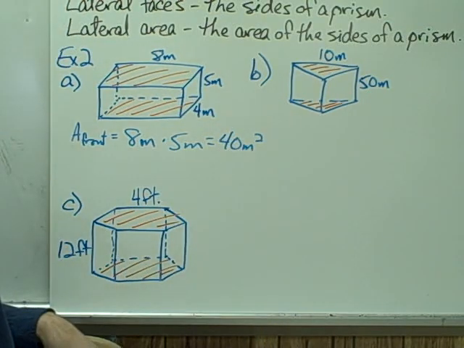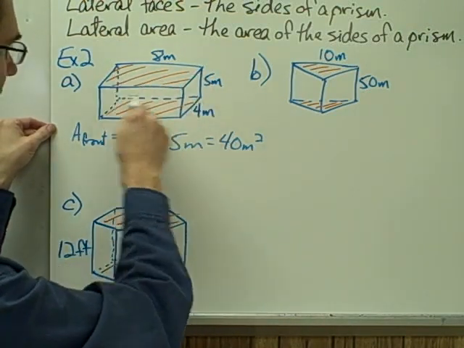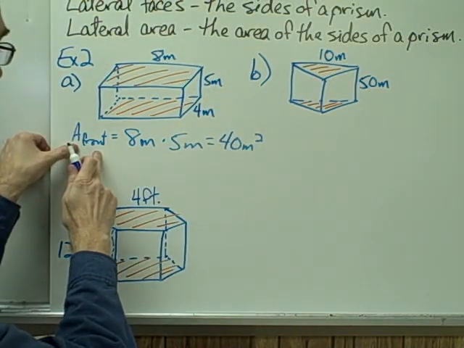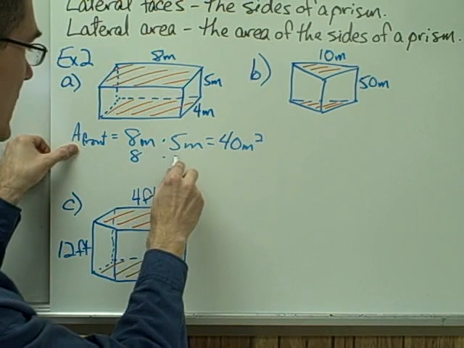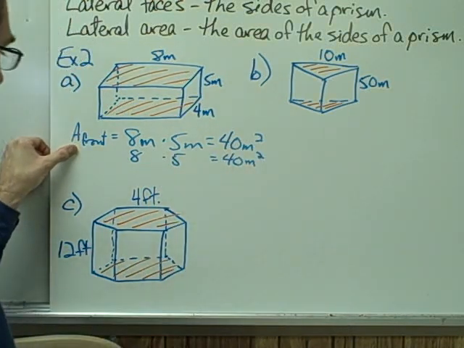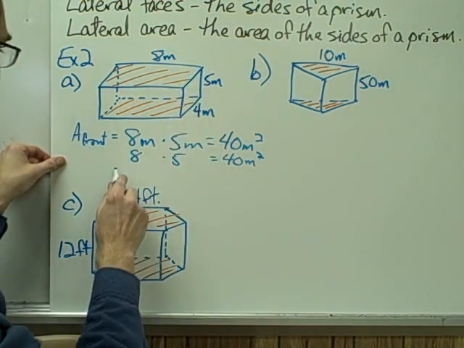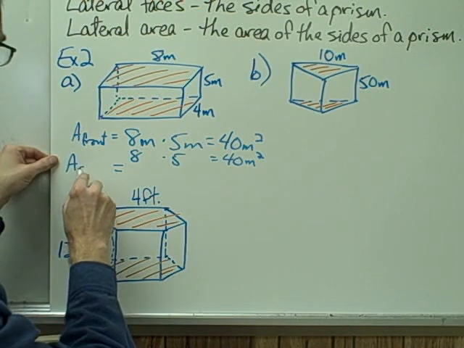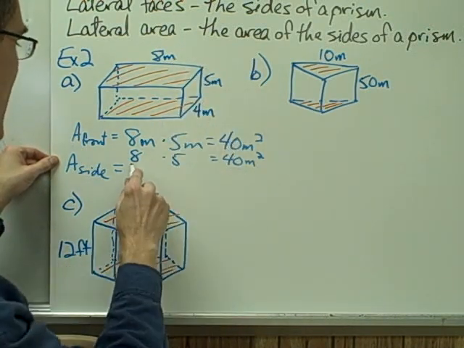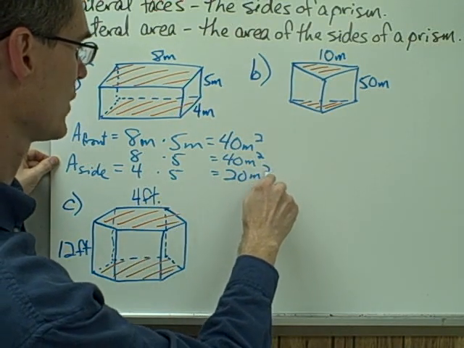Now I can also calculate the area of the back side of my rectangular prism, and it's going to be exactly the same as the area of the front: 8 times 5, 40 square meters. Now I want to calculate the area of these 2 side pieces. The area of a side is 4 times 5, which is 20 square meters.